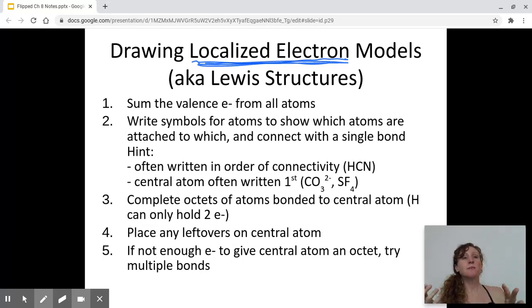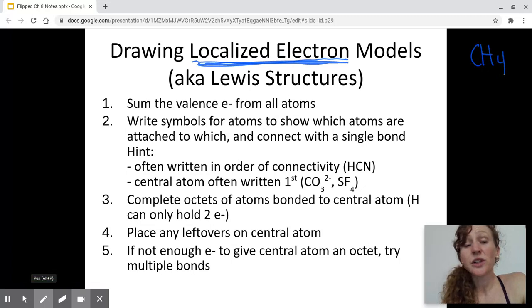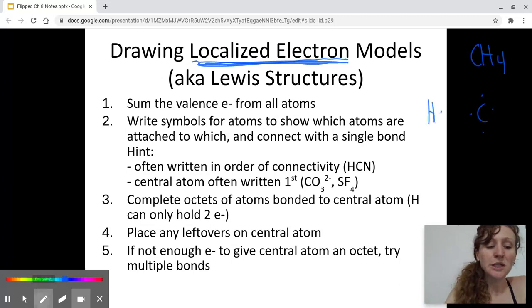So in some things, these are very simple and straightforward to do. For example, if you look at methane, which is a classic example, right? And you look at the atomic Lewis structures for each of these. So carbon has 4 electrons and hydrogen has 1. It's really easy to see how these come together, right?